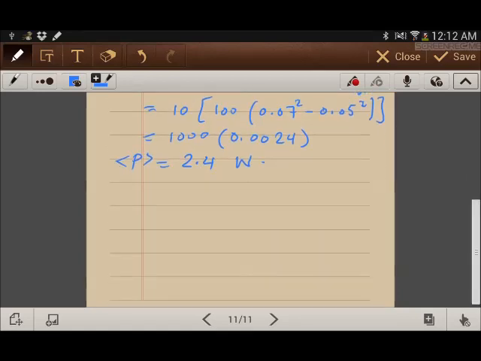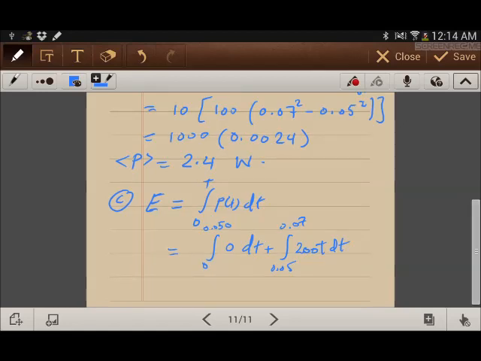Then to find the energy over the whole interval, it is the integral from 0 to T of p(t) dt: from 0 to 0.05 seconds of 0 dt, plus from 0.05 up to 0.07 of 200t dt, plus from 0.07 up to 0.10 of 0 dt.